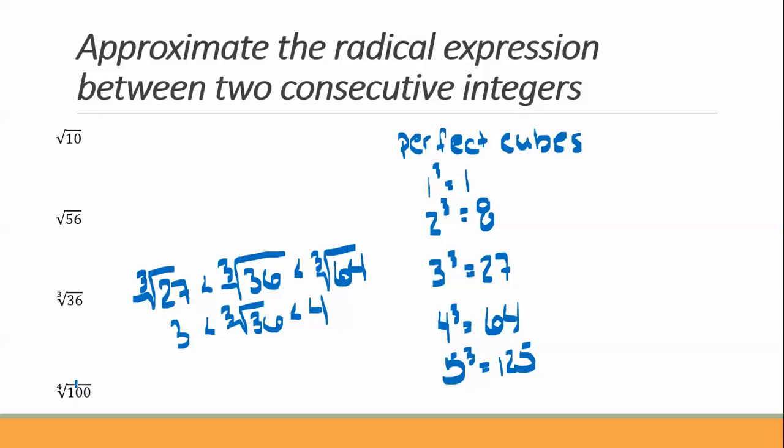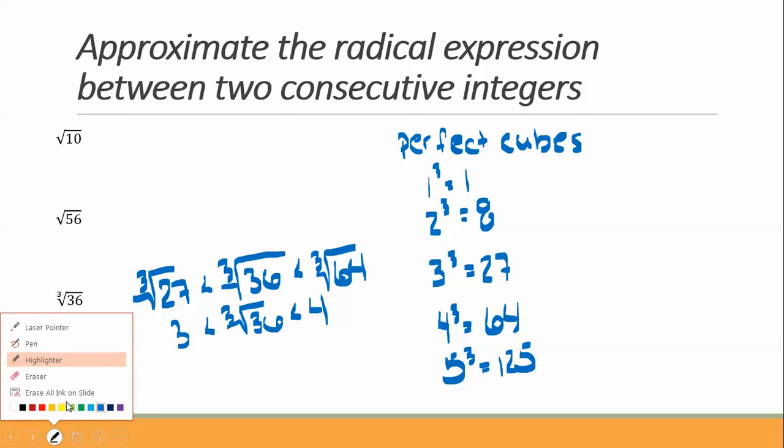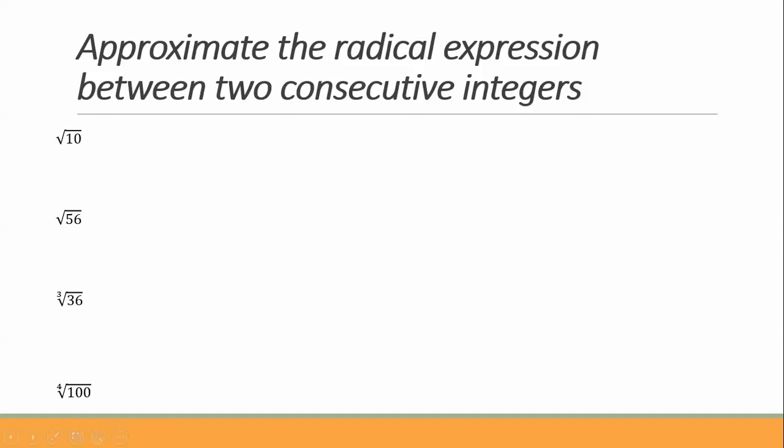This last one, we have the fourth root of 100. This is a fourth root, so we need perfect fourth powers. So let's erase this. Remember, if you didn't get it all down, you can rewind and get it all down again.